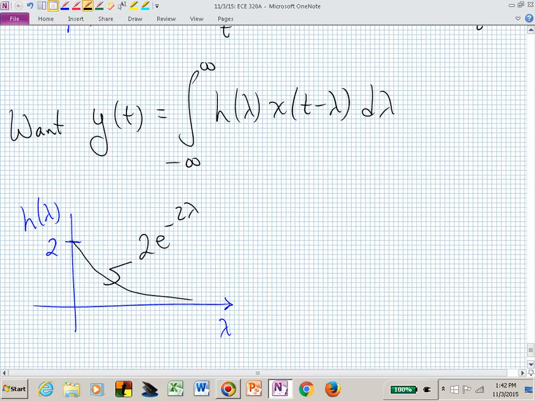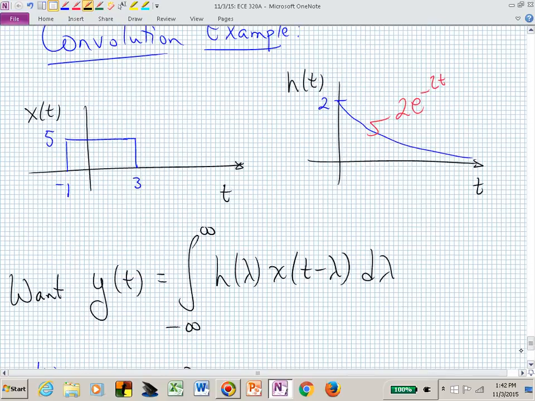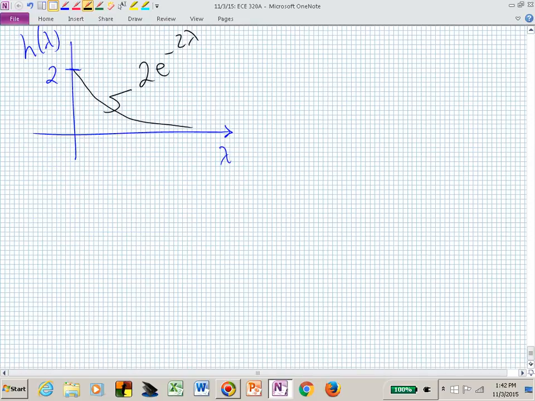What we want to do now is find x of t minus lambda. We want it to be a function of lambda, and t is a variable. And there is x of t. First, let's look at, if that's x of t, what is x of lambda?